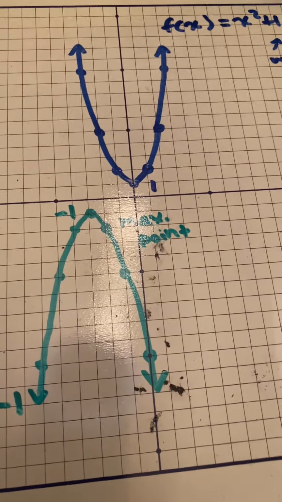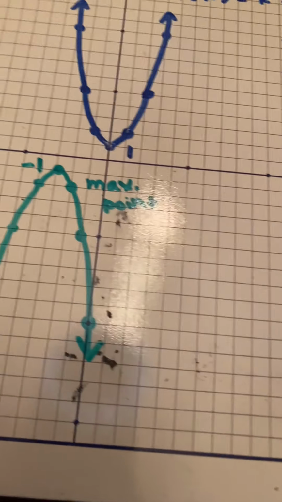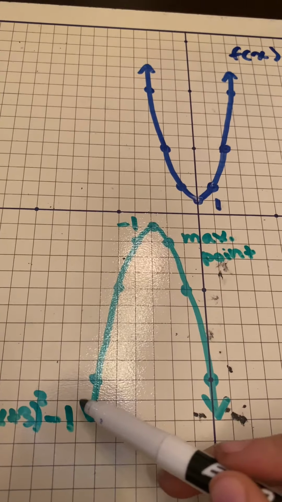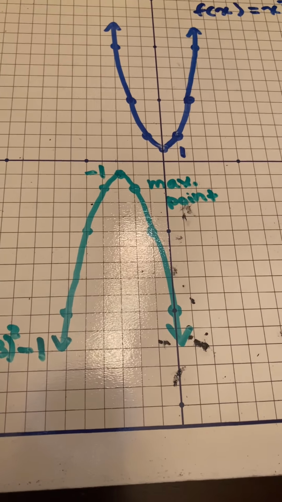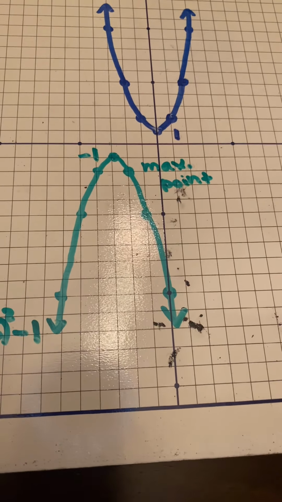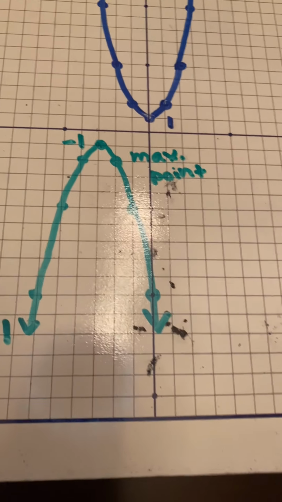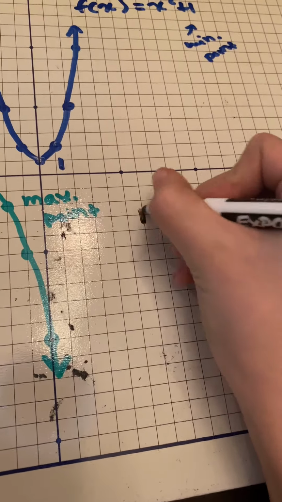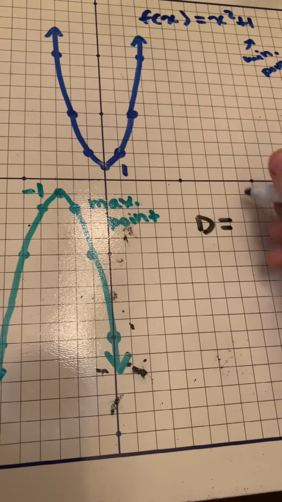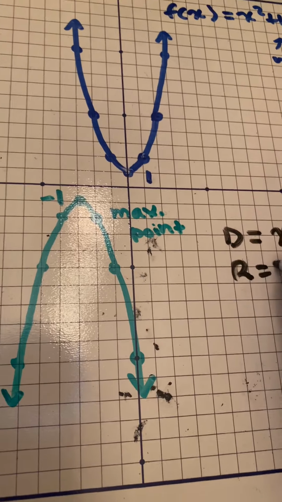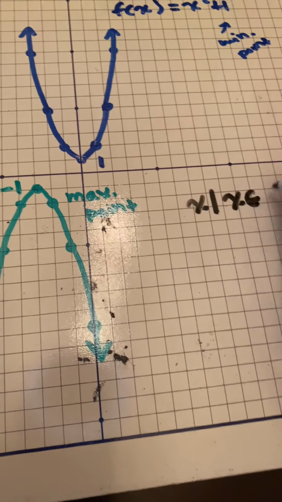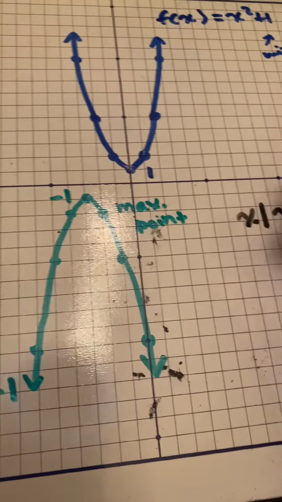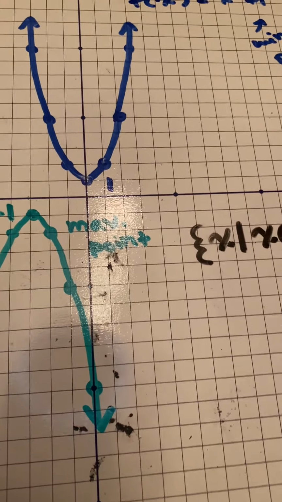We can see that your domain is, since it's going down and it's continuous, your domain will vary for sure, and it will eventually reach all real numbers. So your domain is your x's and your range is your y's. We know that. So your domain will be x is an element of all real numbers. This is your answer for your domain.